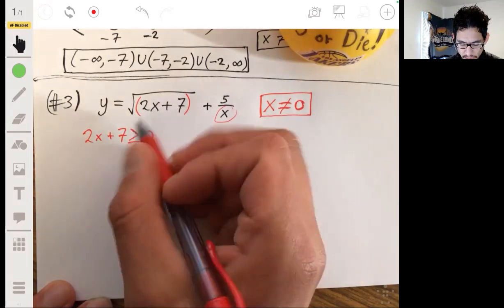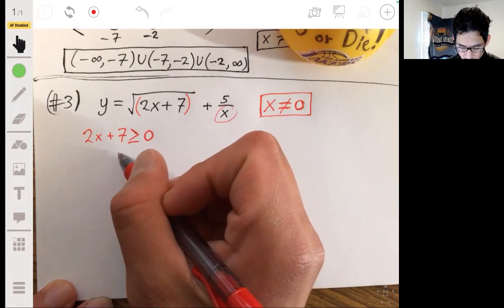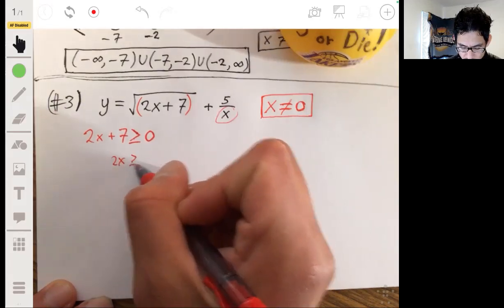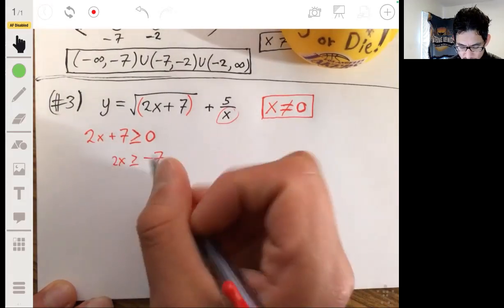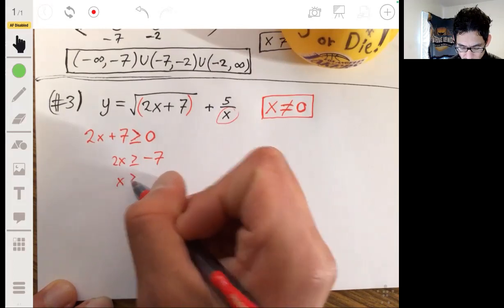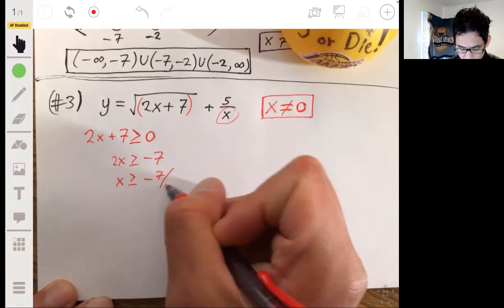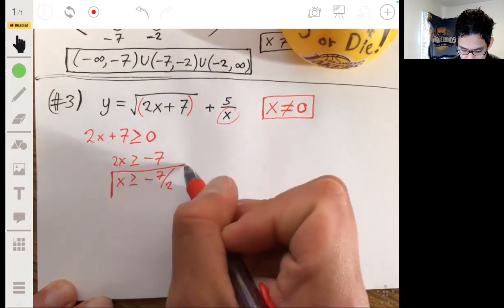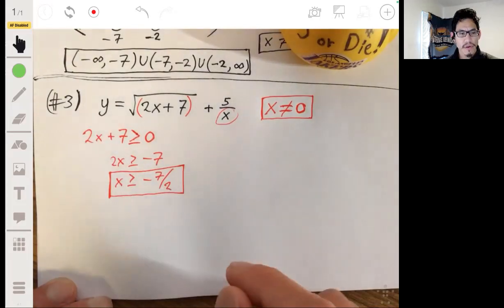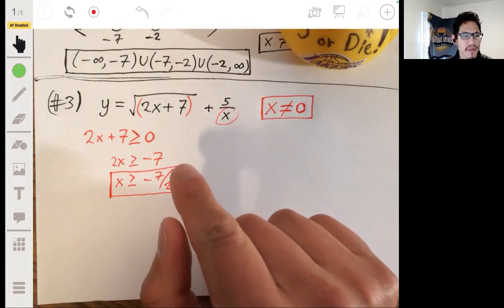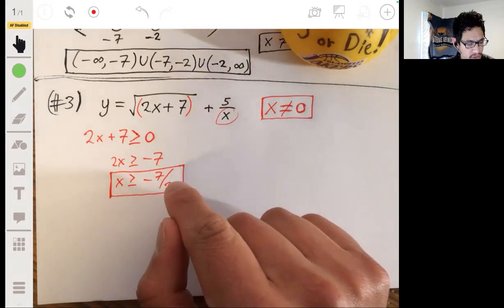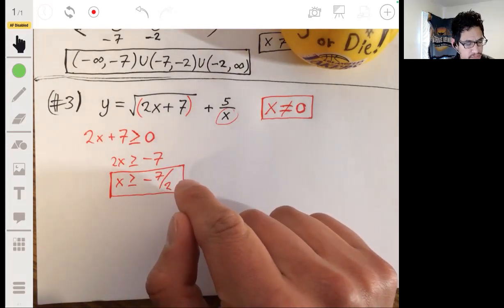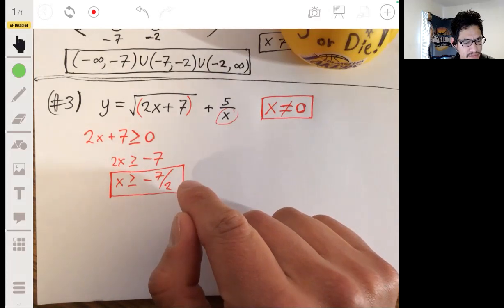Take away 7: 2x is greater than or equal to negative 7. Divide by 2, and you get x is greater than or equal to negative 7 halves.